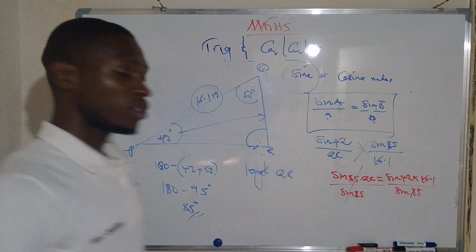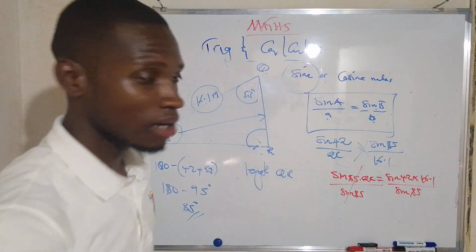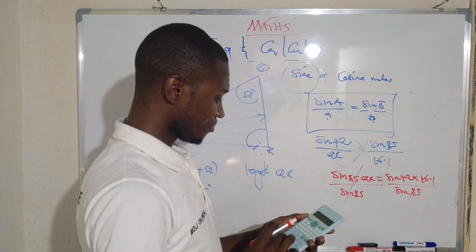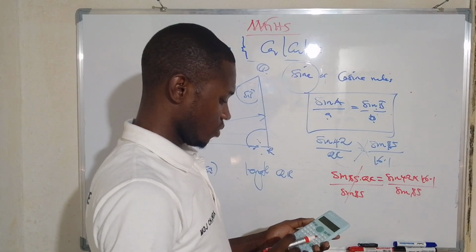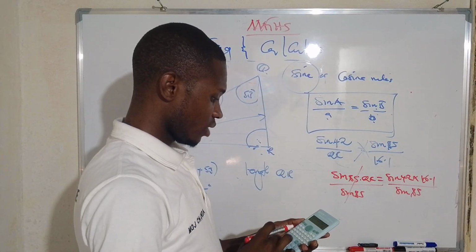Then you cancel. So remember that whenever you're looking for the side, we don't do shift. Shift only comes when dealing with angles. So we're going to say sine 42, you multiply by 16.1.